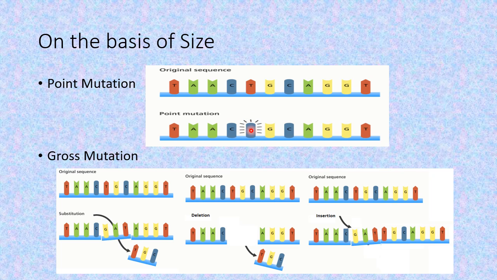So if there is addition or deletion or alteration of a single nucleotide in the given sequence, that will lead to a change in the reading frame. Now, before we move forward, let us understand what a reading frame is.